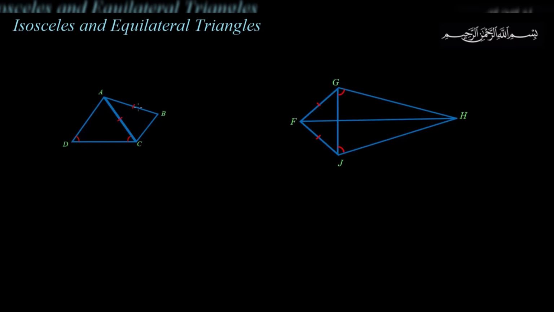Well, here we have an isosceles triangle over here. All right, let's do that first one, actually. The isosceles triangle theorem says if two sides of a triangle are congruent, then the angles opposite of them are congruent. So if this is congruent to this, then the angles opposite of them are going to be congruent, right? So these angles over here have to be congruent like this. Okay, that's the isosceles triangle theorem.